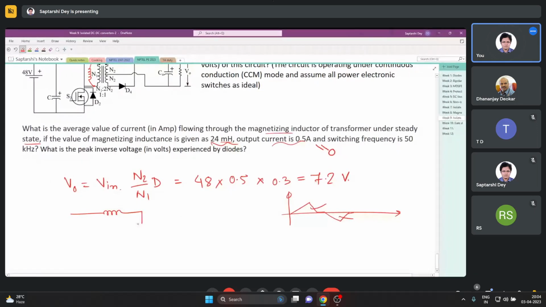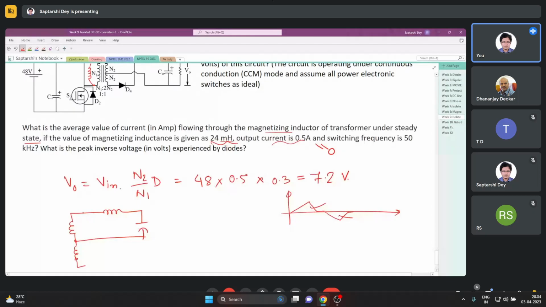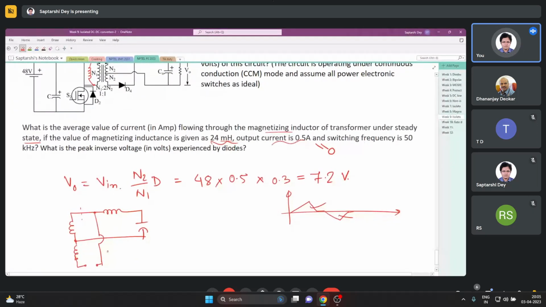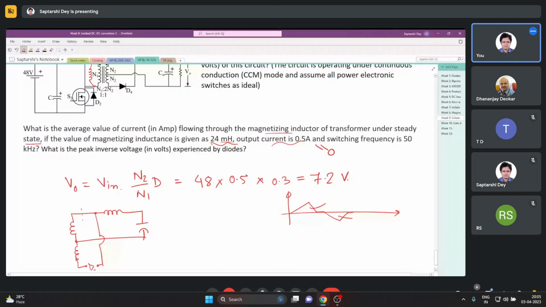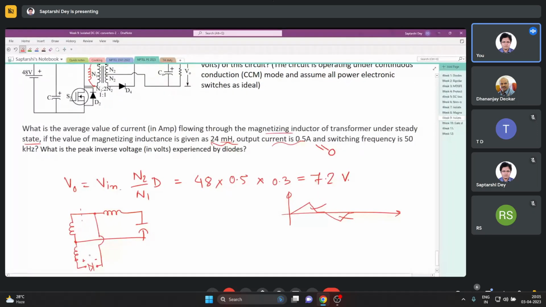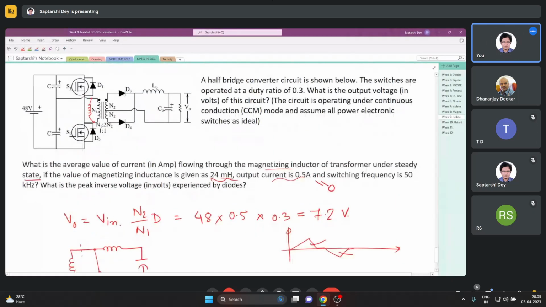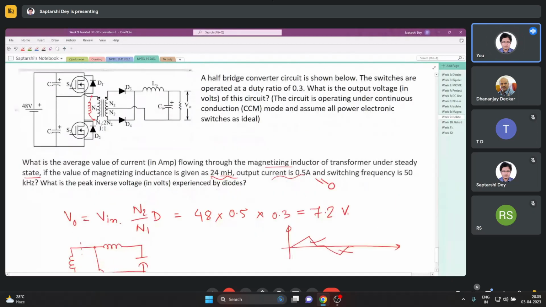This is the inductor, one winding, other winding. This is our D1, which is short circuited. I'm not drawing it. This voltage we have to find out. Here is our D2. This VD we have to find out. In this situation, definitely S1 is closed. That's why D3 is conducting.